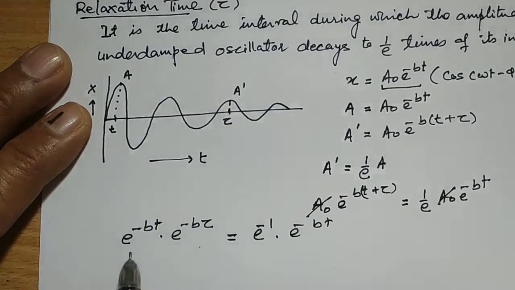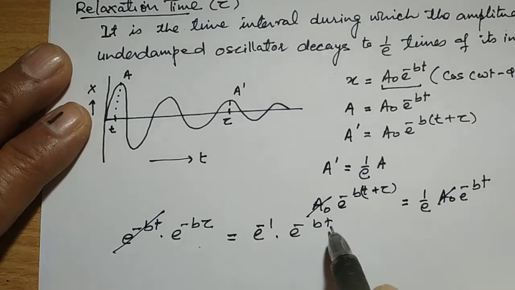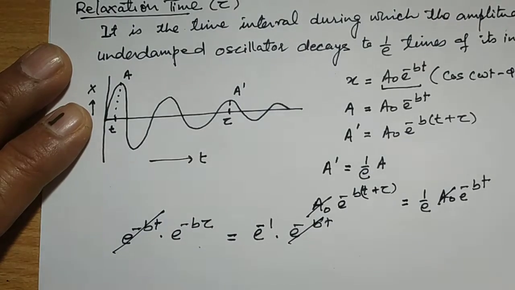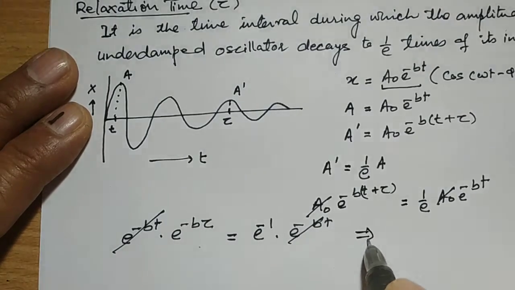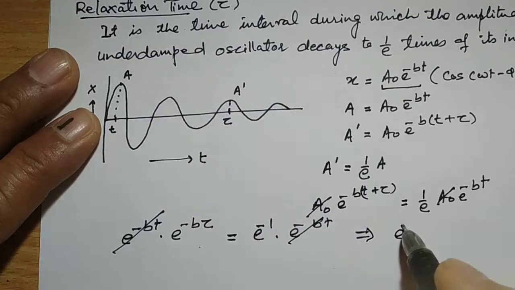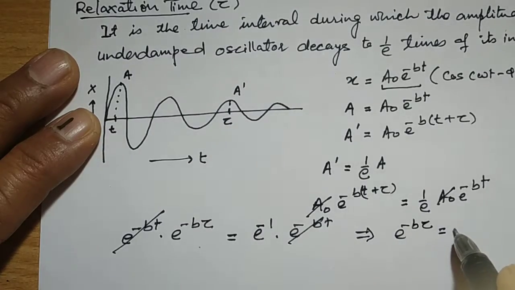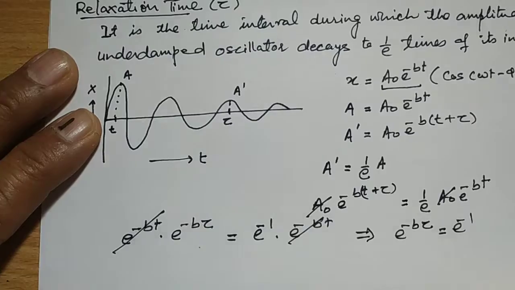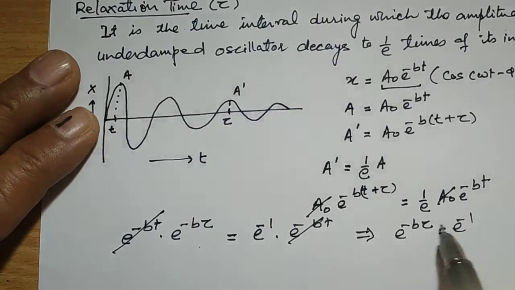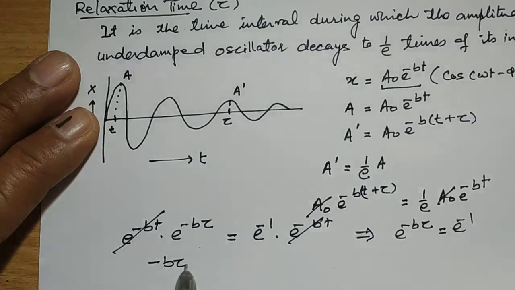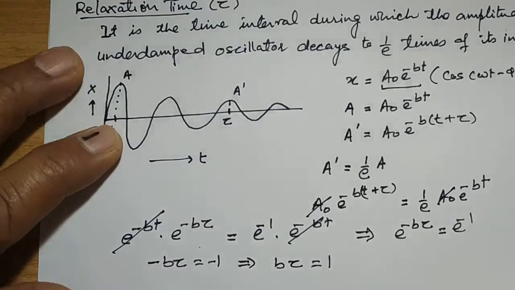Now e to the minus bt is on both sides, so this term cancels. We are left with e to the minus b tau is equal to e to the minus 1. Now comparing the powers both sides, we get minus b tau is equal to minus 1, which gives us b tau is equal to 1.